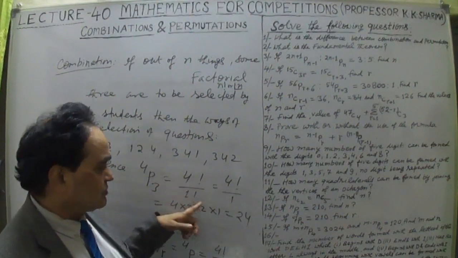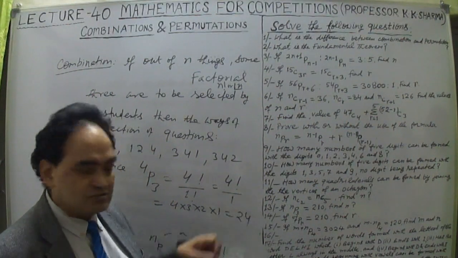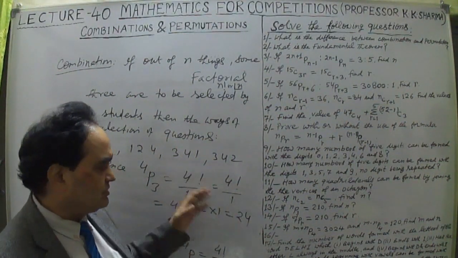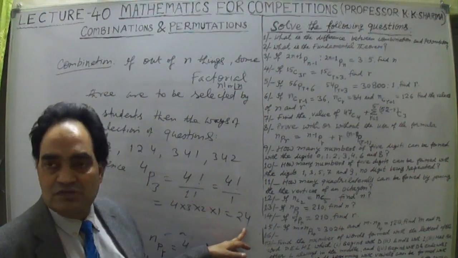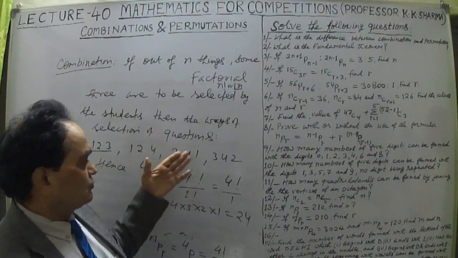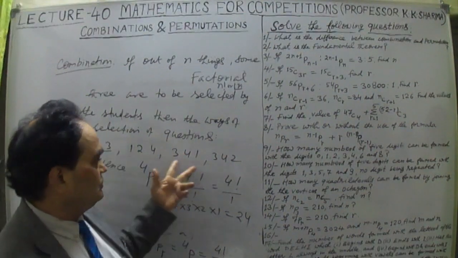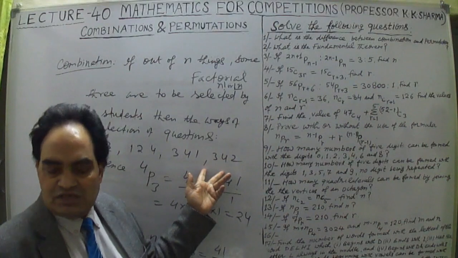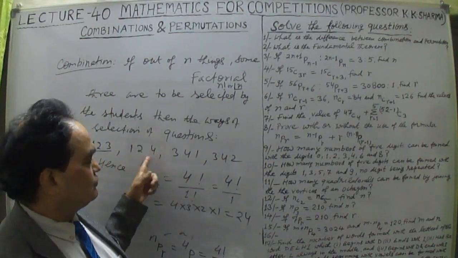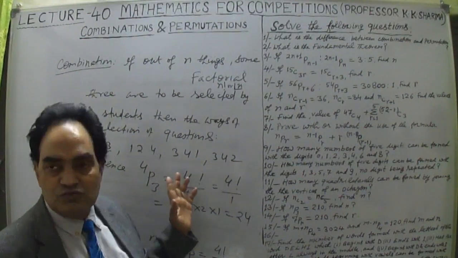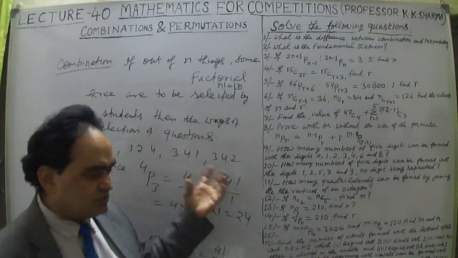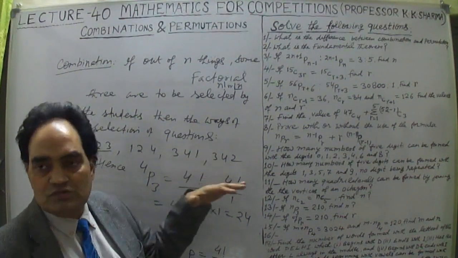So when order is important, the different possibilities of arrangements are 24, as I have just explained with this question. Out of those 4 questions, there are 4 unique ways of selection of 3 questions out of 4: 1, 2, 3, 1, 2, 4, 3, 4, 1, 3, 4, 2. Only these 4 different or unique ways of selection of 3 questions out of 4 are there. The 4 combinations.